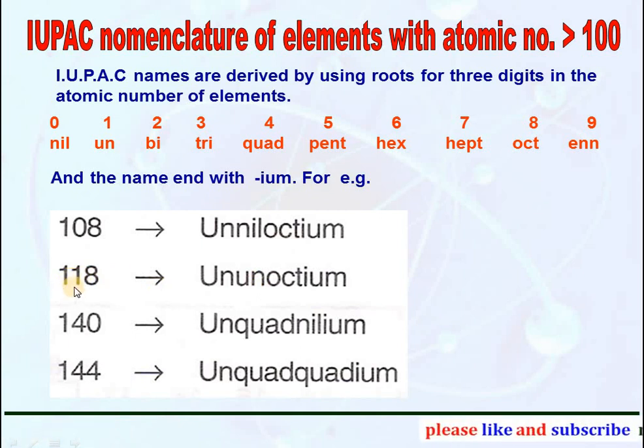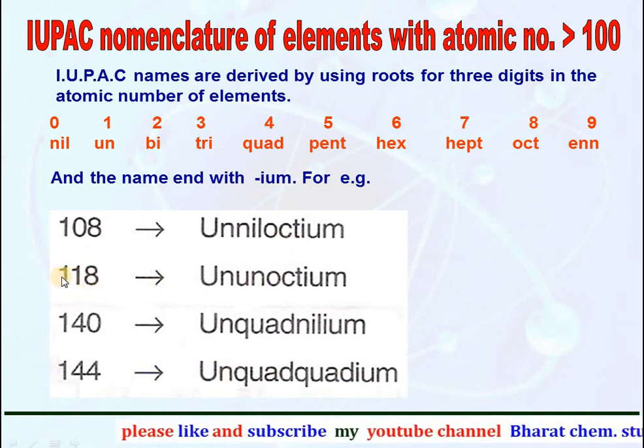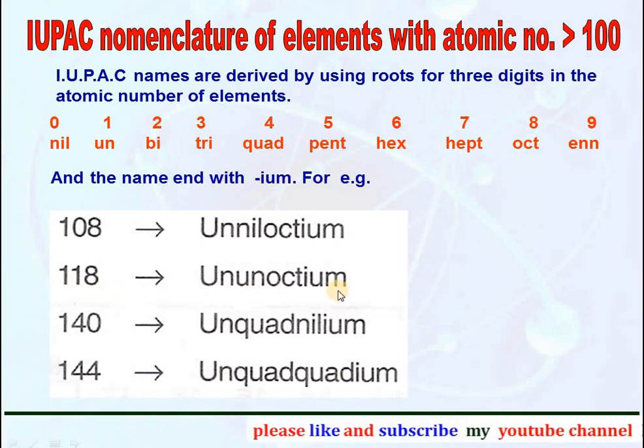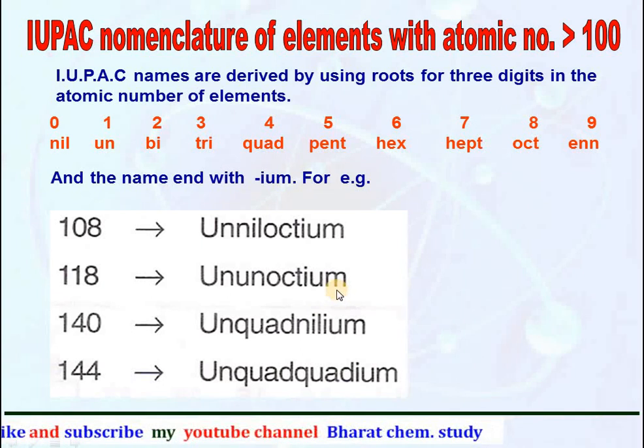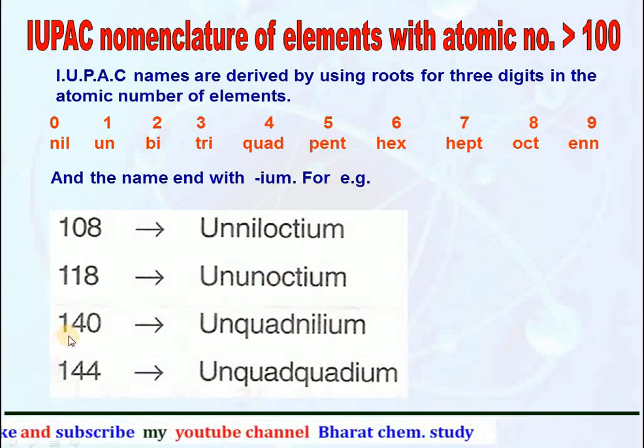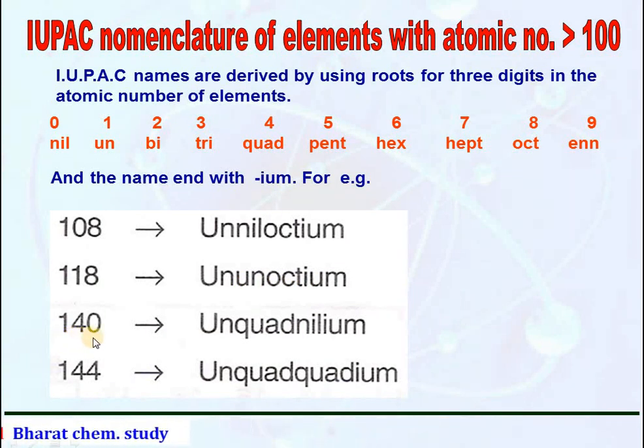Similarly, for the element with atomic number 118, we use un for 1, again un for 1 and oct for 8, and we add ium, so the name becomes ununoctium. For the element with atomic number 140, we use un for 1, quad for 4, nil for 0 and then we add ium.